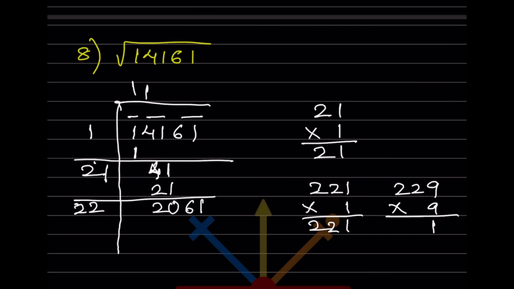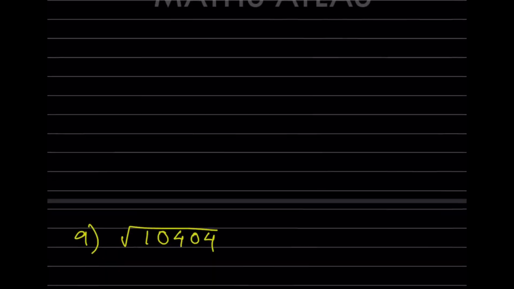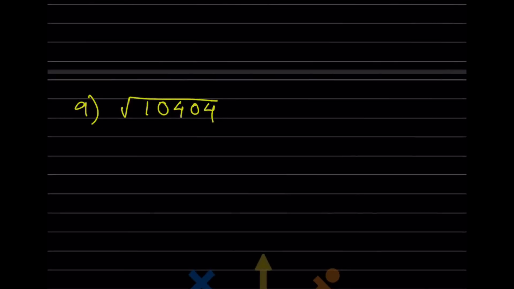But when you multiply this by 9, that is 2061. So this should be by 9. So the answer is 119. Now let us go for the next one.